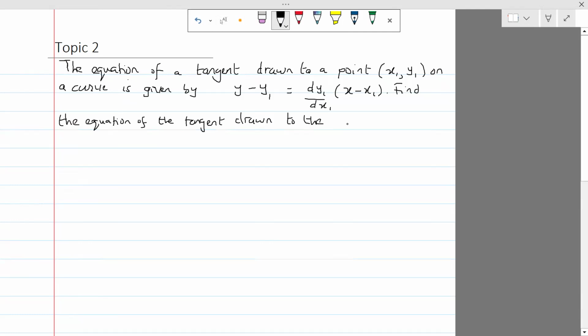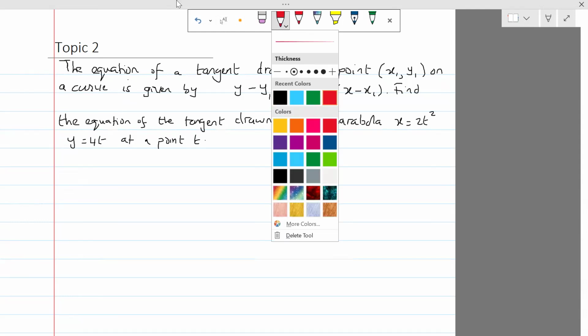Drawn to the parabola x equals 2t squared, y equals 4t, at a point T. So what will it be here?